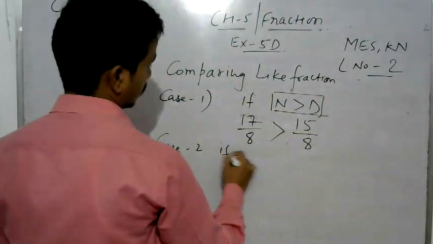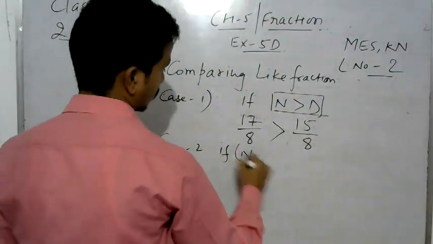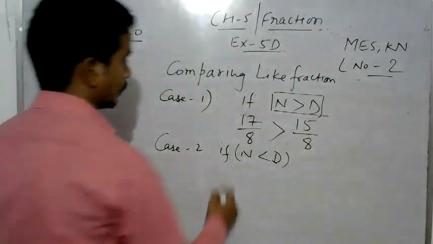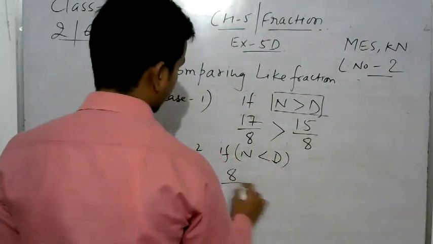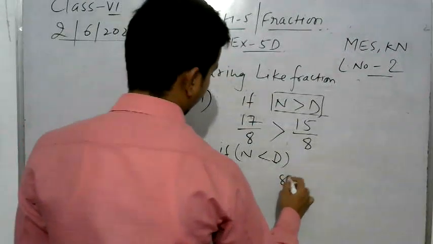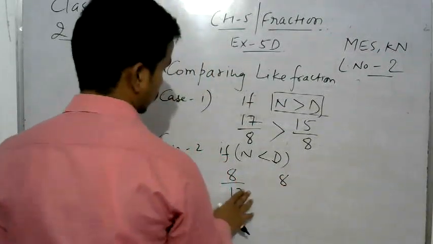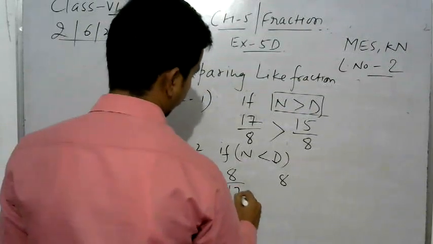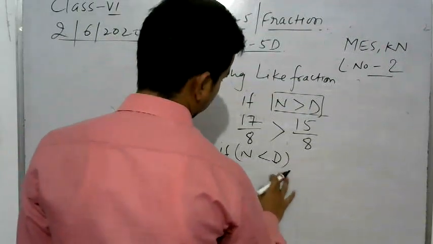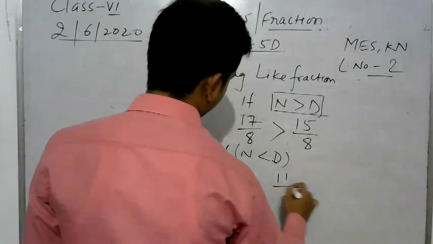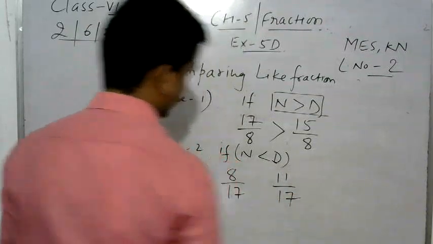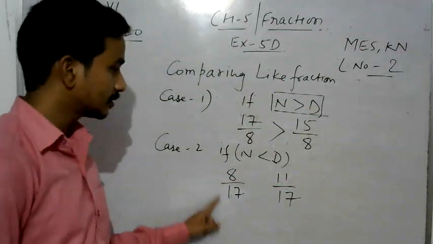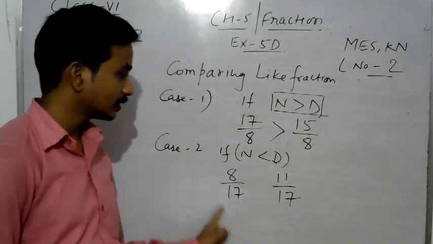Now case 2 is if the numerator is less than the denominator, for example, 8 by 17 and 11 by 17. Here in both the fractions, the numerator is less than the denominator.